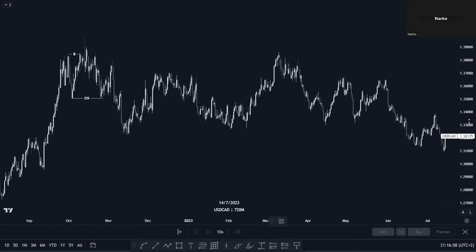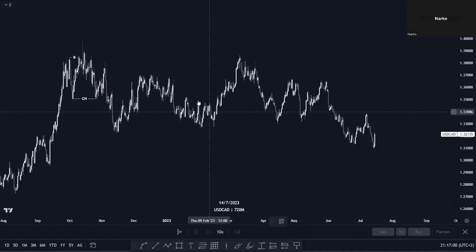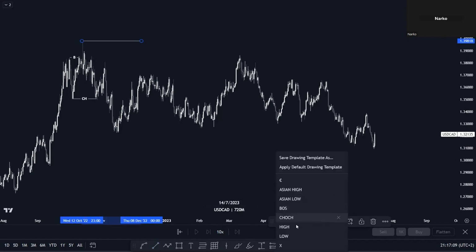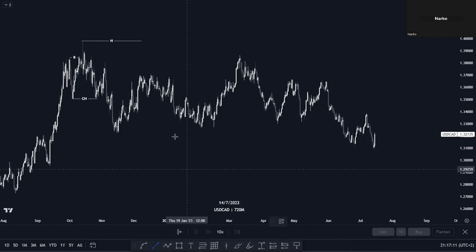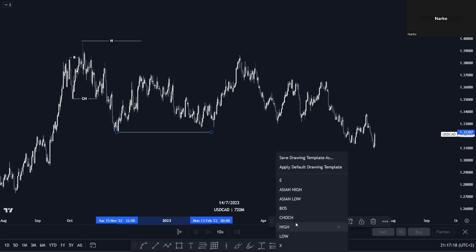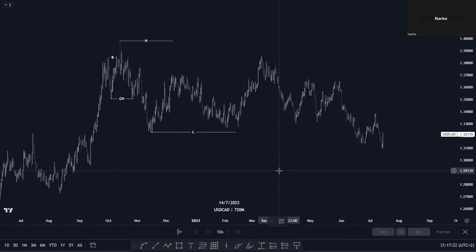Okay, so initially here, we can see that price respected our lower high here, which is this high, and we were ranging between this high and this low here. Price was consolidating for a while, just moving sideways.